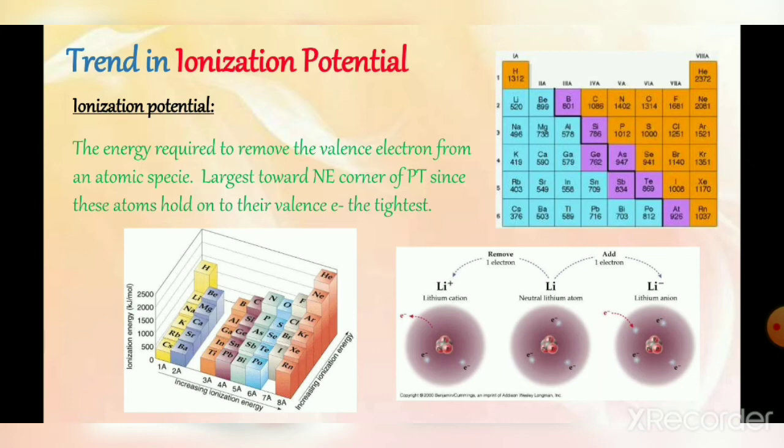And if you look at the ionization potential of each element provided in the periodic table below the elements, you will notice that if we move from left to right, it increases. For example, for sodium it is 496, and for argon it is 1521.